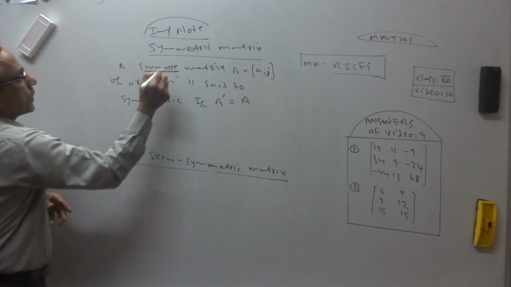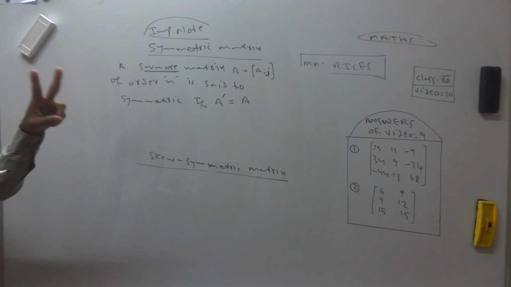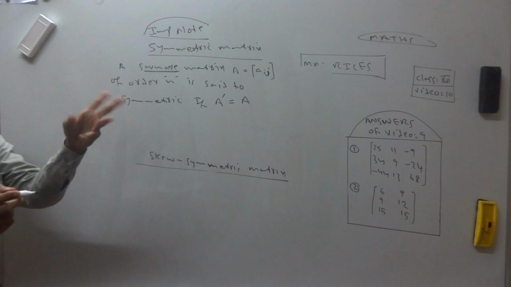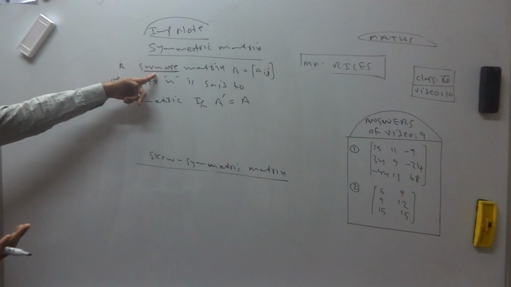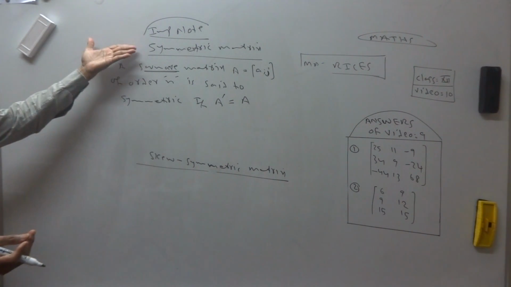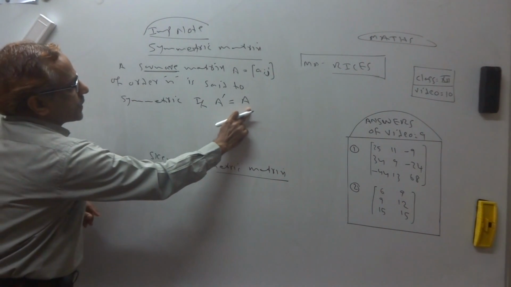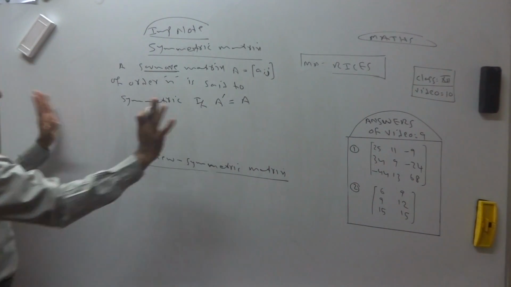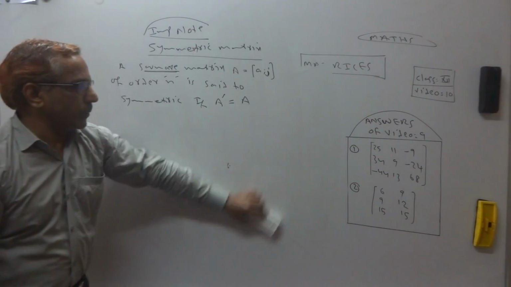You should know what is the meaning of a square matrix: 2 rows, 2 columns, 3 rows, 3 columns, 4 rows, 4 columns, square matrix. So a square matrix which satisfies this, if A transpose is A, can be a symmetric matrix.